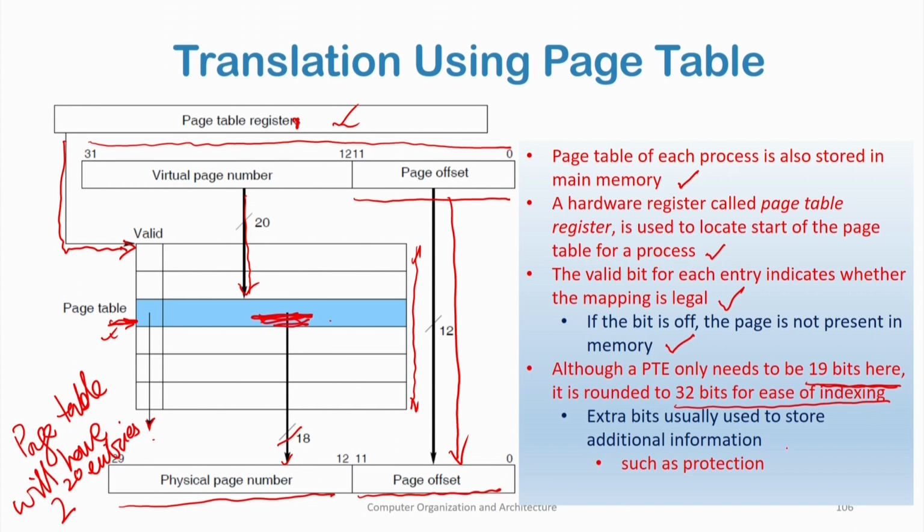These extra bits are, many times, used to keep additional information, for example, protection information. For a given virtual page, I know whether this virtual page contains a program's code or the program's data. If it is a program's code, I can keep an additional bit to say that this part is read only.